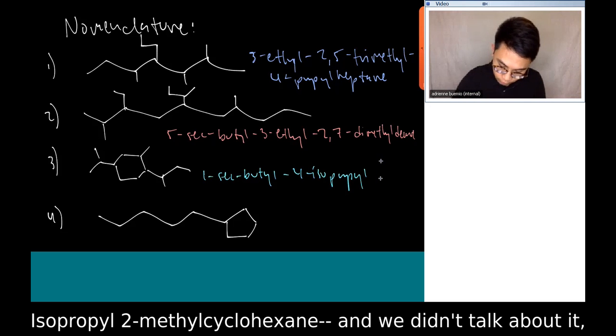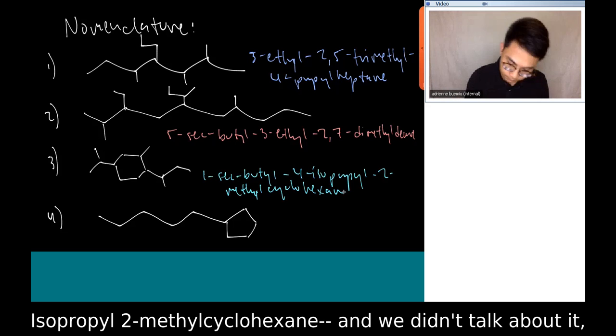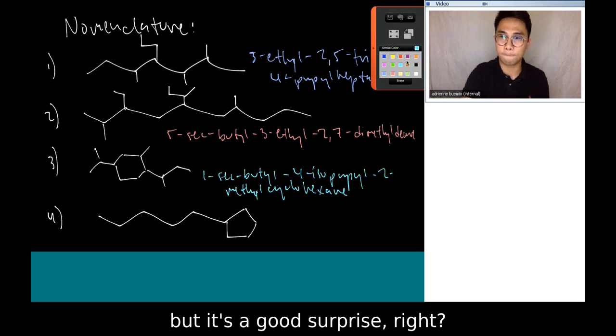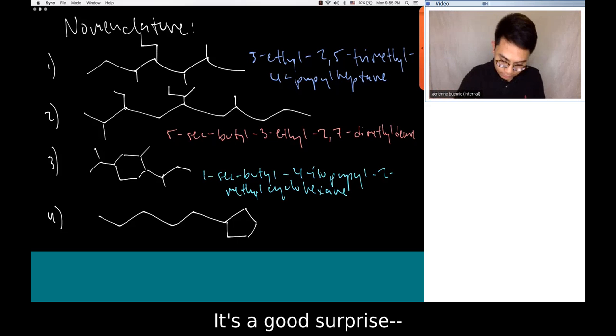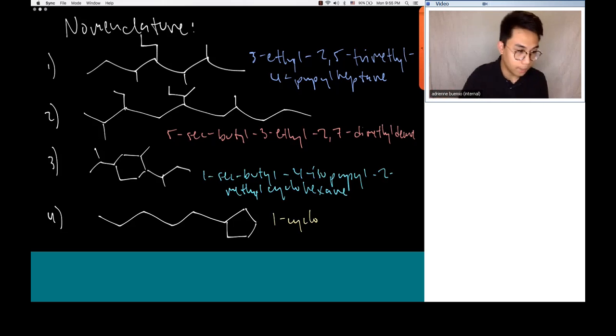Isopropyl 2 methyl cyclohexane, right? And we didn't talk about it, but it's a good surprise, right? It's a good surprise. 1 cyclopentyl hexane.